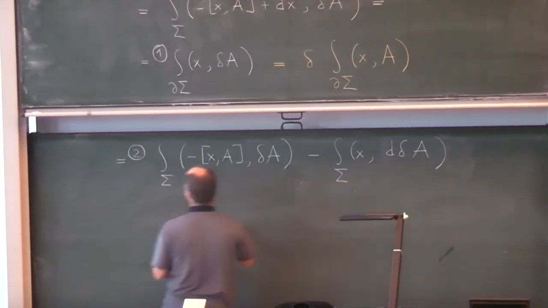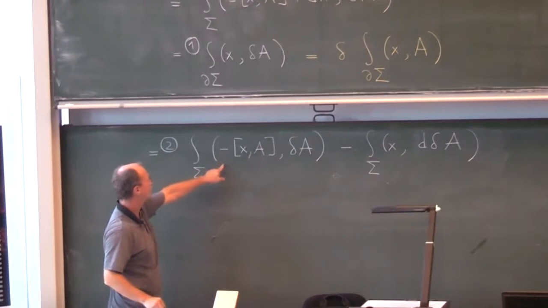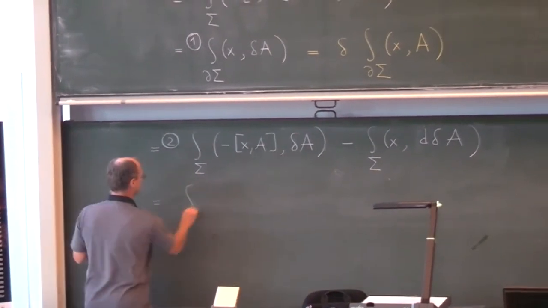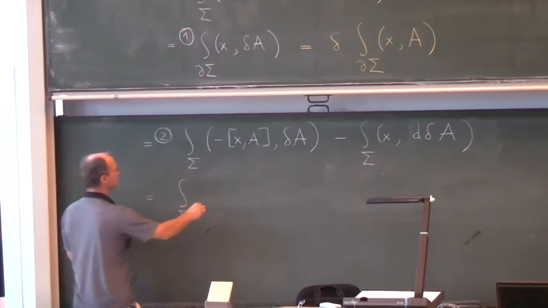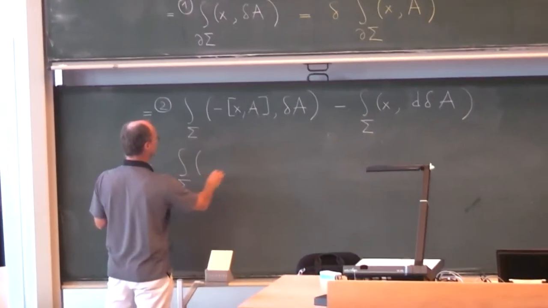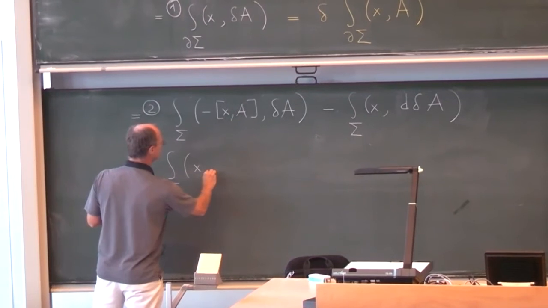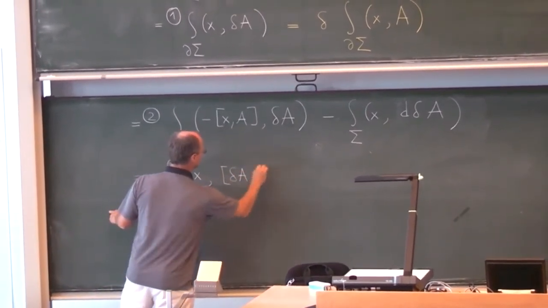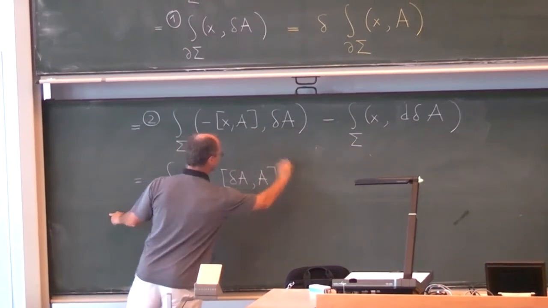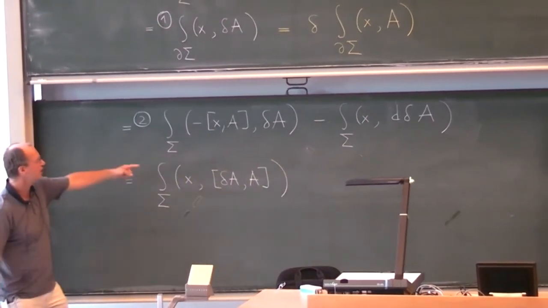First of all, with this term, let me rewrite it as the integral over sigma of X, and here a bracket of delta A and A. Here you see what I did.